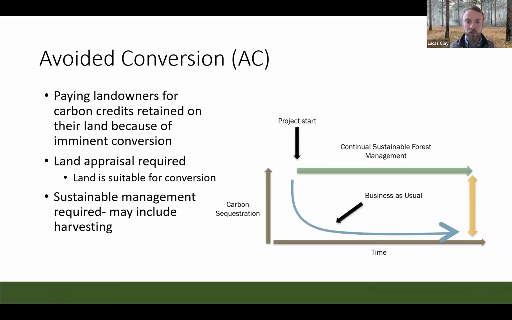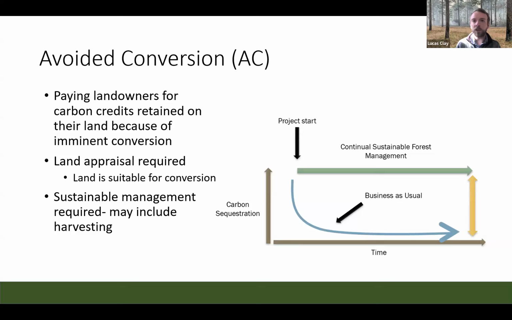The other project type is called avoided conversion. So avoided conversion is this idea that we're paying landowners for the carbon credits retained on their land because of imminent conversion. So an example here might be, let's say a landowner was approached by a Walmart or an apartment complex to purchase their land and to build that complex on their land. In this case, they have the imminent conversion shown. They have the idea that they are going to have that land converted from forestry into a different type of land use.